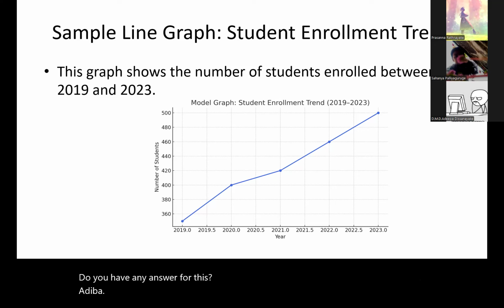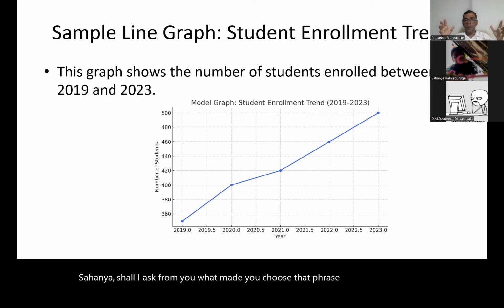So I was describing the graph as I made the graph and I am describing it myself, and didn't think that the graph was given and I'm describing someone else's graph. Perfect. Sahanya, shall I ask from you what made you choose that phrase, the given graph describes and so on?